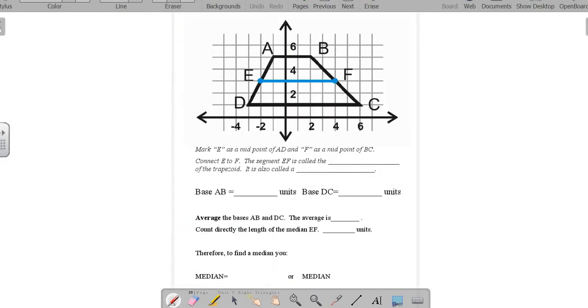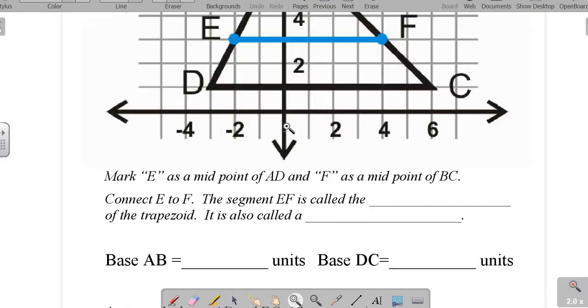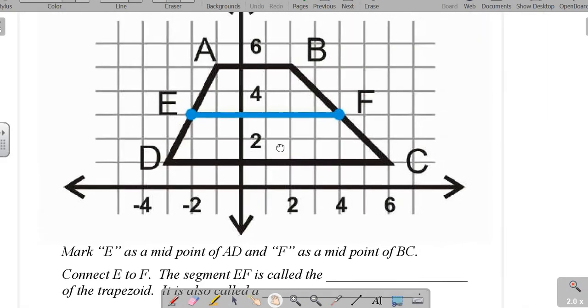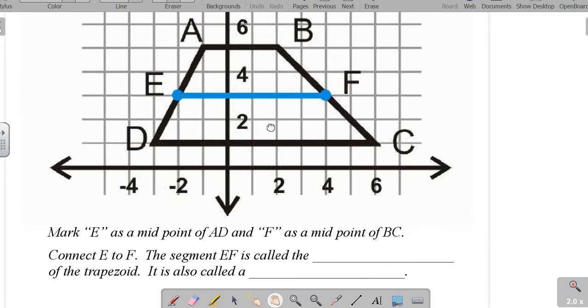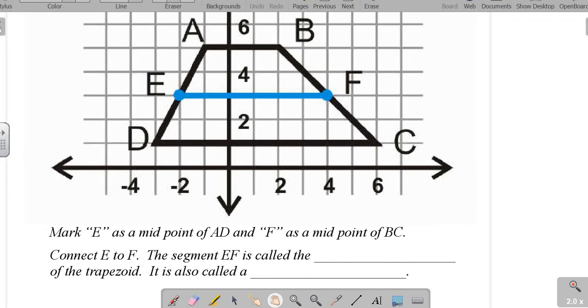Now there's another property of trapezoids. Take a look at this trapezoid. Trapezoid here is ABCD. So there's your trapezoid. Just physically trace it.